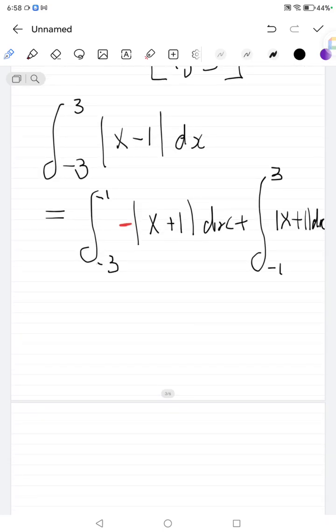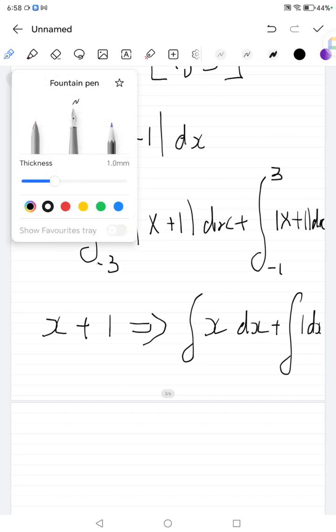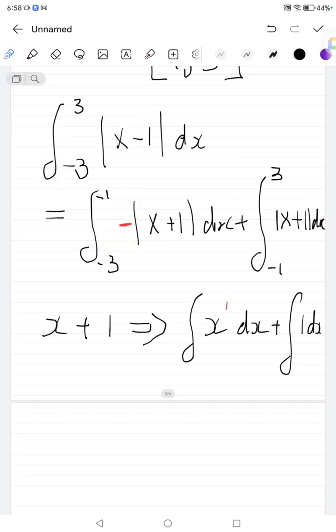Now we have to find the antiderivative of our x plus 1. We can quickly write it as x dx plus 1 dx. Remember, x can be written as x to the exponent 1, hence we're going to use the power rule.